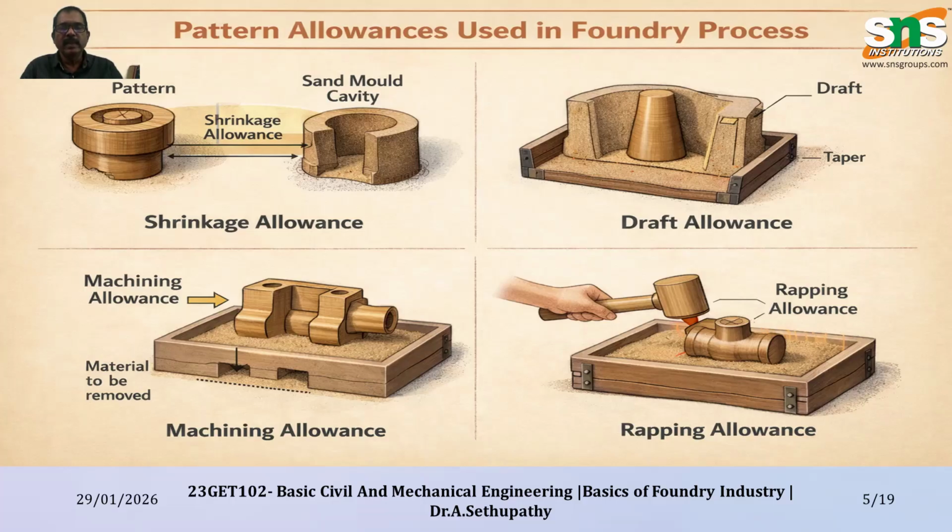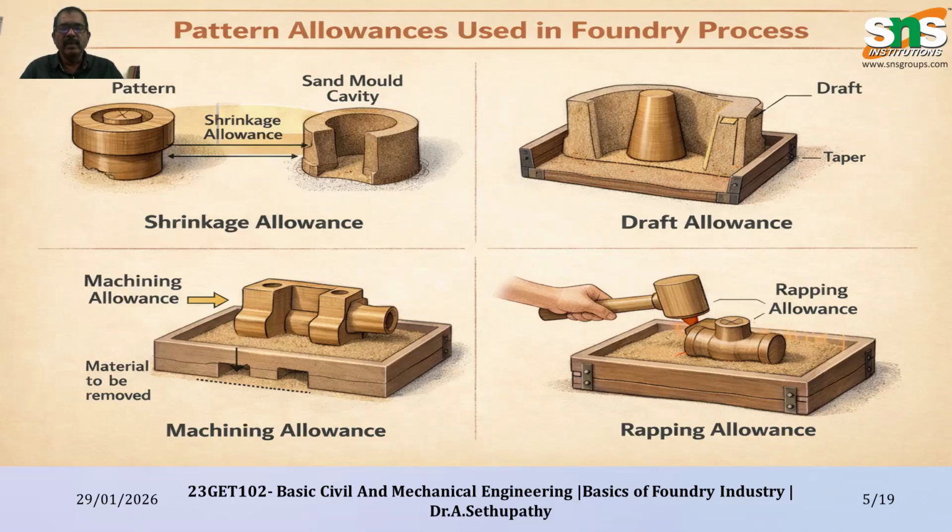If the pattern has 90 degree straight vertical walls or edges fixed inside the sand mold, then after removing the pattern, it will break the sand mold, because the edges are in direct contact with the sand and the pattern is more adhesive, and we cannot remove the pattern exactly straight out of the mold.